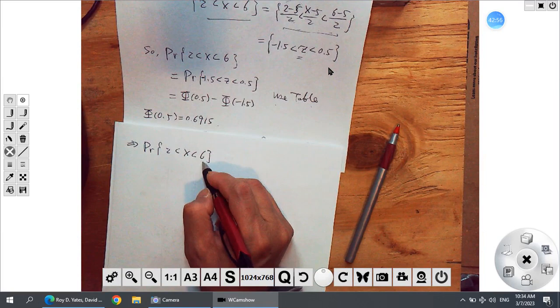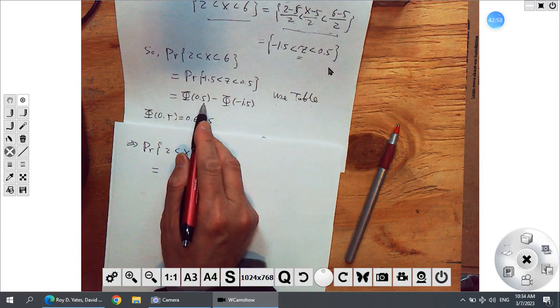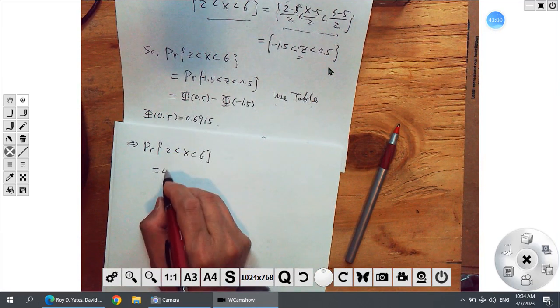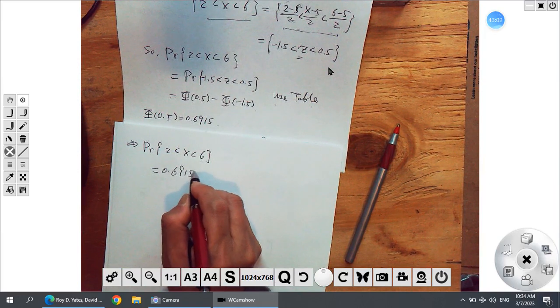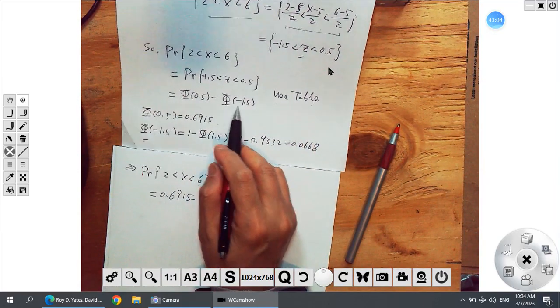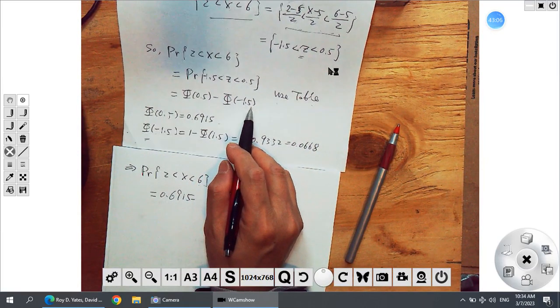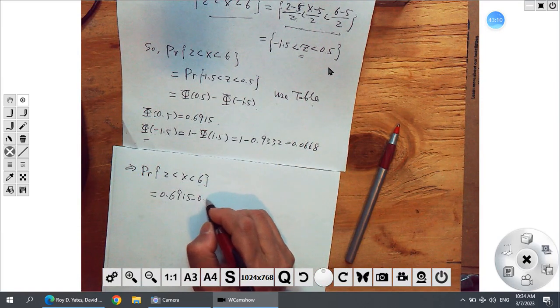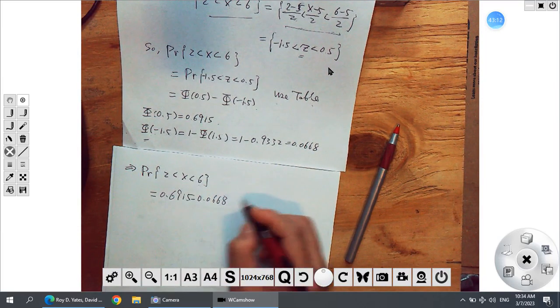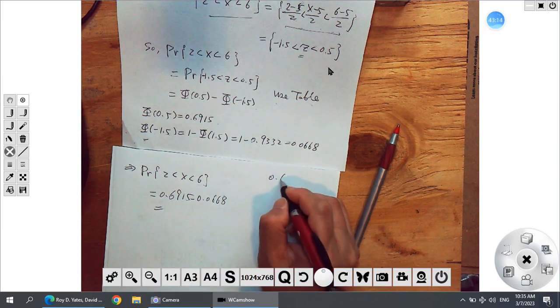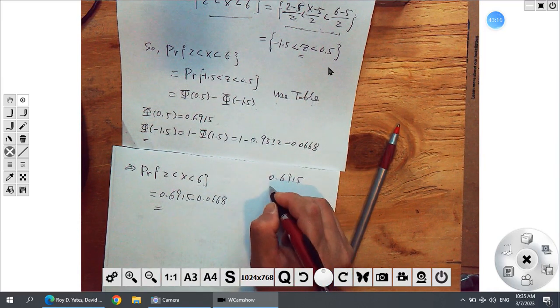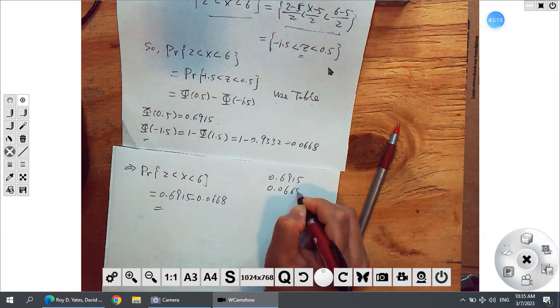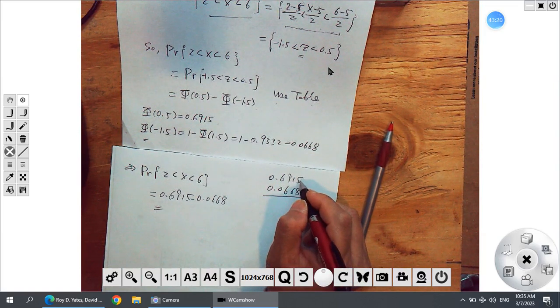This one now equals phi of 0.5, which is 0.6915, minus phi of negative 1.5, which is 0.0668. So this is 0.6915 minus 0.0668. 15 minus 8 is 7.